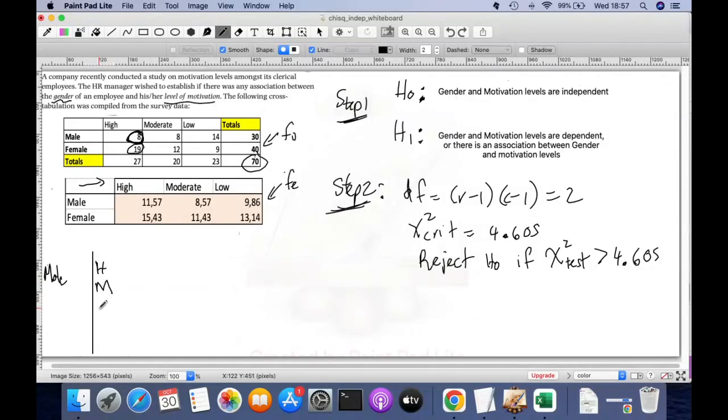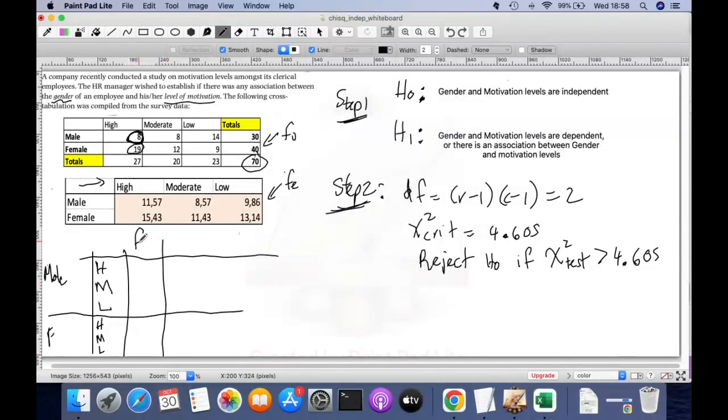Then you've got low. And then you have the same thing for females: high, moderate, low. Now, in the first column next to it, I have all my F0 values from this table here.